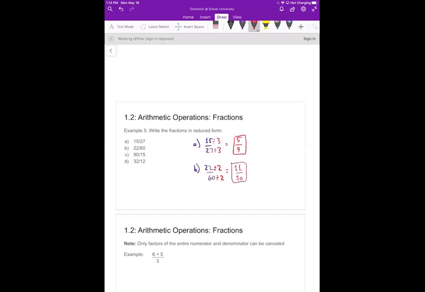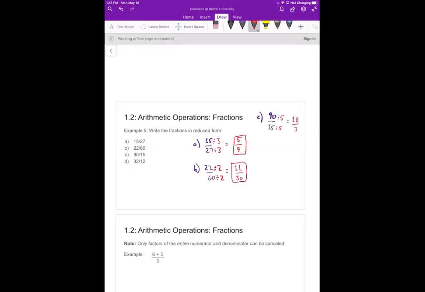All right. Now part C, I know the quick way, but I'm going to do it the way that I think most people would see. If you have 90/15, both numbers end in a 0 or a 5, so you could divide each of those by 5. If you divide 90 by 5, you get 18, and if you divide 15 by 5, you get 3.